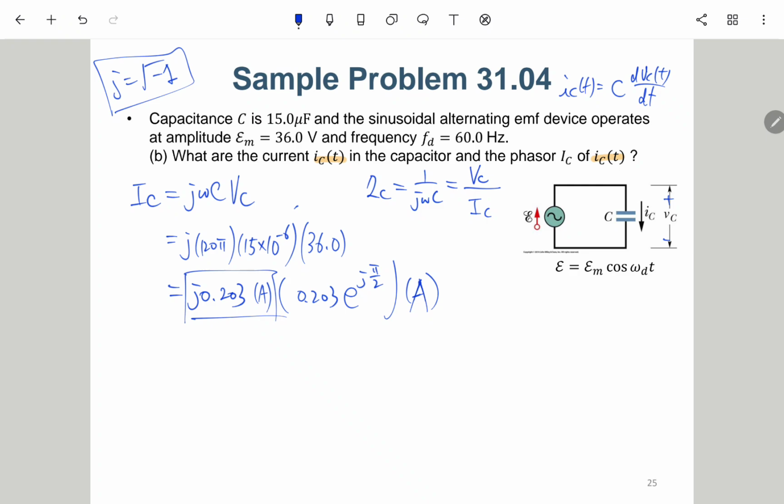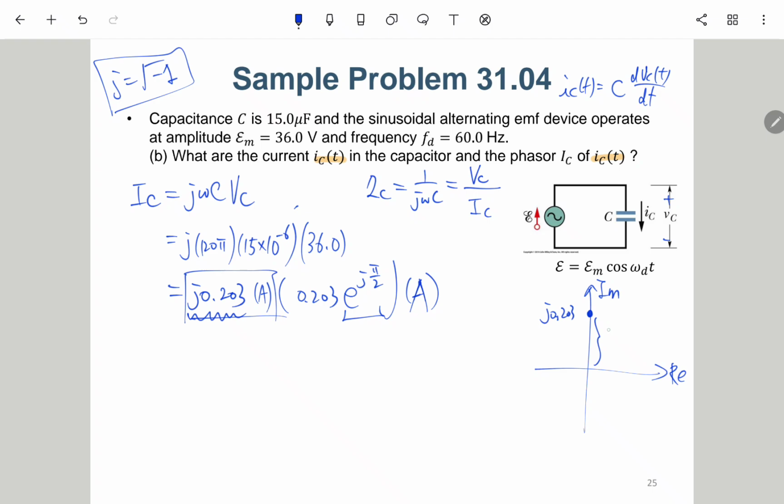How to get it: actually this one is j. The geometric meaning is that for j 0.203, this is the real axis, this is the imaginary axis, and this is j 0.203.